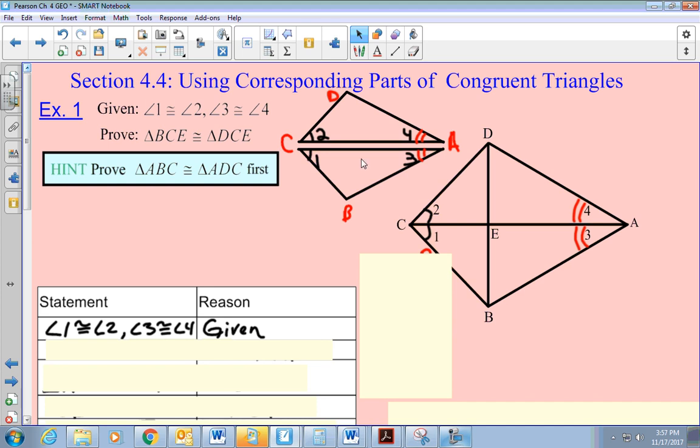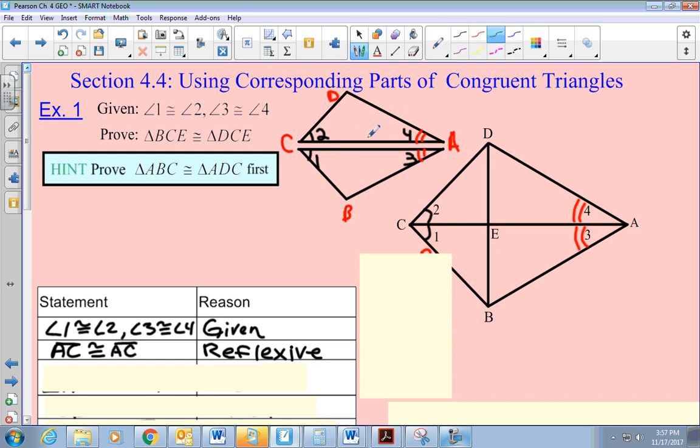Now we always want to look for overlapping. In this triangle, AC is overlapping. And AC is congruent to AC all day, every day. It's the same side. So that is the reflexive property, when an item is congruent to itself. All right, so I'm going to put that mark on my triangle.